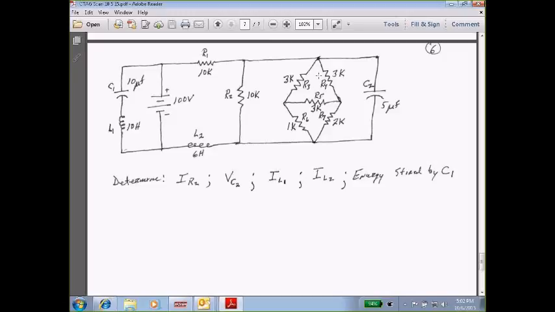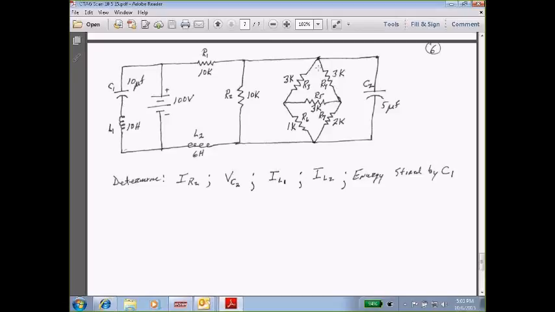To convert this top delta to a Y, it is a symmetric delta. So to find what each of the resistor values in the Y connection would be, we take one of these resistor values, which is 3K, divided by the 3 resistors. 3K divided by 3 is 1K.